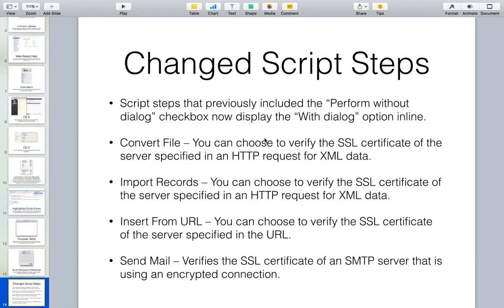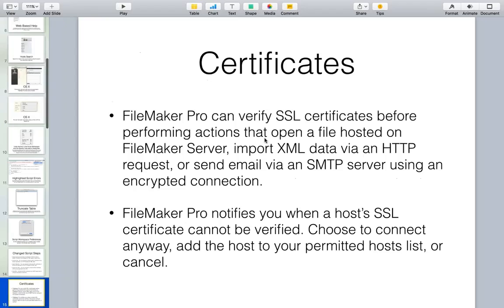So I don't know what happened with FileMaker and certificates. They randomly just shoved a whole bunch of certificate functionality in here. And there's even more. So FileMaker Pro can verify SSL certificates before performing actions that open a file hosted on FileMaker Server, import XML data via an HTTP request, or send email via an SMTP server using an encrypted connection.